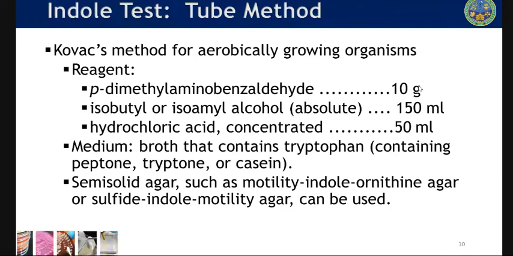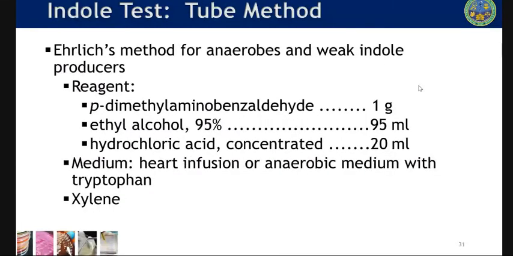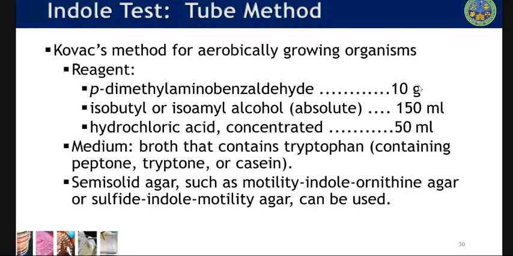Now for the tube method, you have a procedure under your clinical microbiology procedures. You have Kovac's for Enterobacteriaceae, and the other agars I presented a while back as well. This is just a preparation of the reagent, this one is for Ehrlich's.